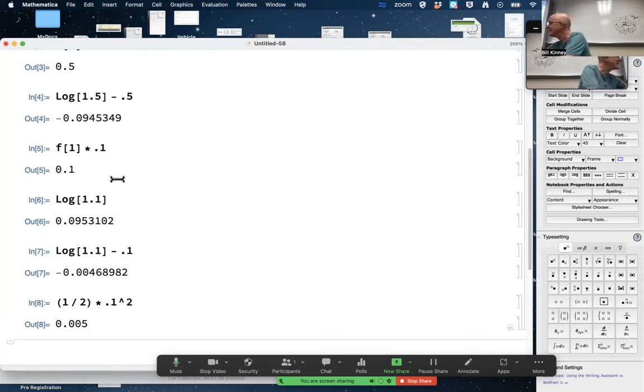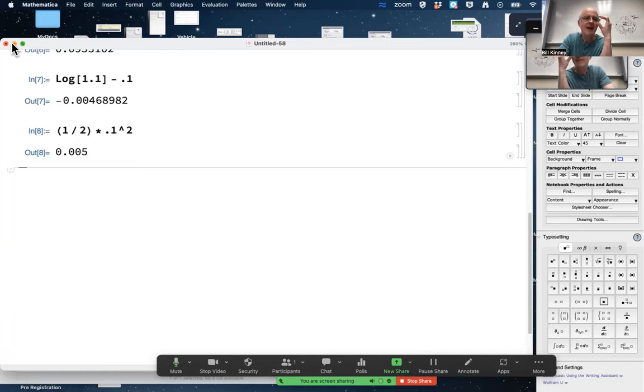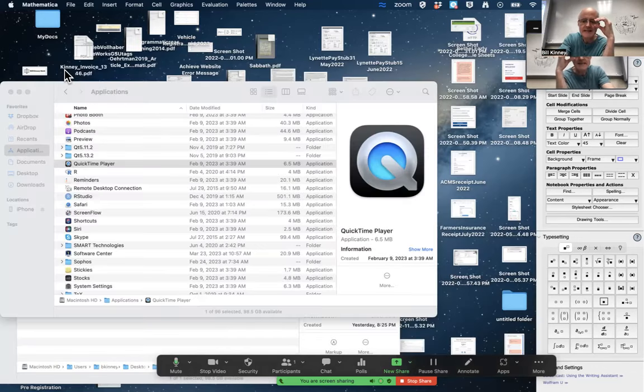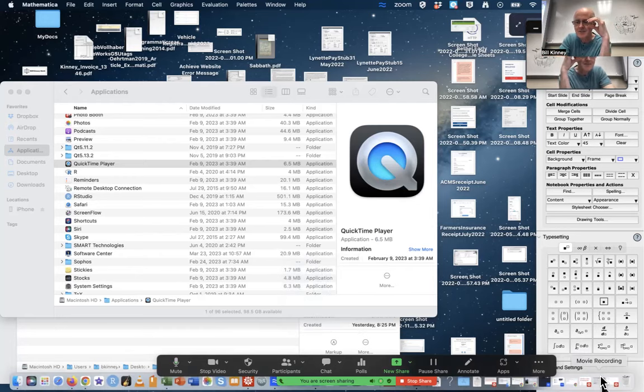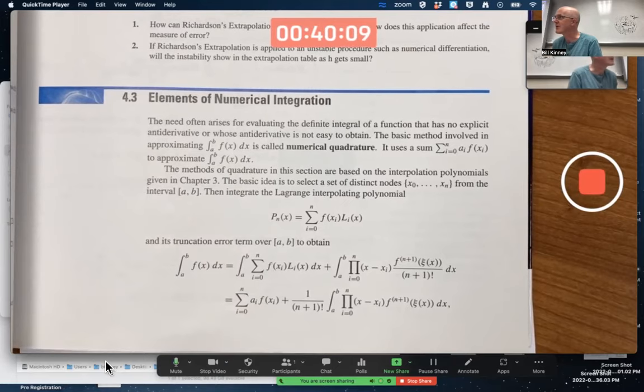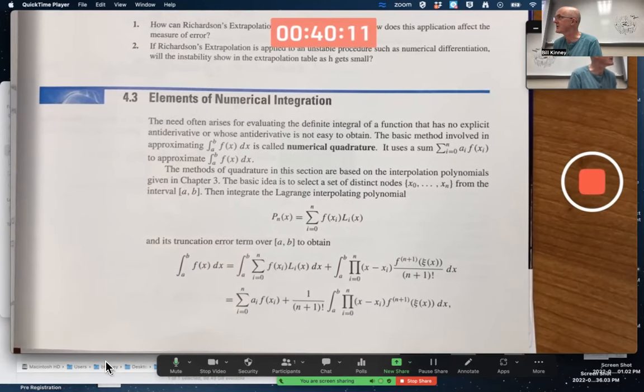So let's now study the textbook. The easiest one in the textbook is in the first couple of pages. We're going to study the derivation of the trapezoid rule. We will use Mathematica to help us believe what we see without verifying all the details by hand. Again, we're looking at the derivation of the trapezoidal rule.